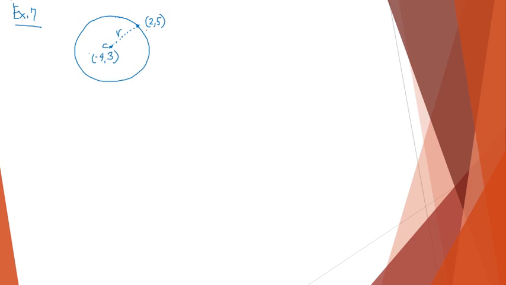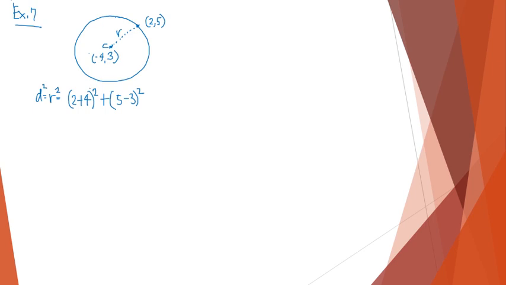But how do we get that? By using the distance formula between 2 points. Recall that d, or r, is equal to the square root of (2 plus 4) squared plus (5 minus 3) squared, or d squared.